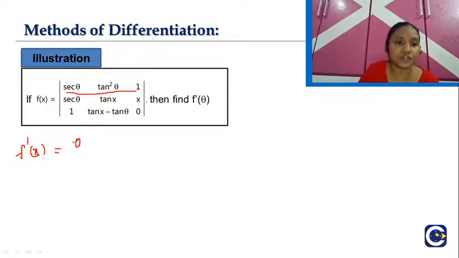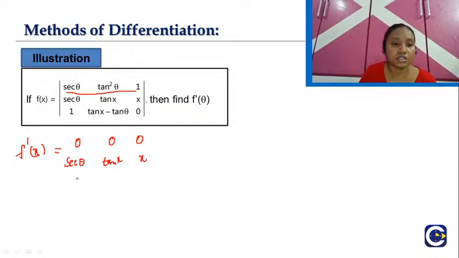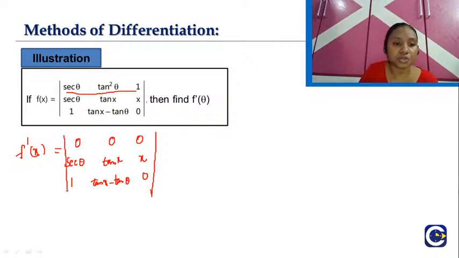So the derivative of secant theta is 0, tan square theta also 0, and 1 also 0. The remaining terms will be as they are: tan x, 1 here, tan x minus tan theta, and 0 here. Now you can do the second row and just follow it.